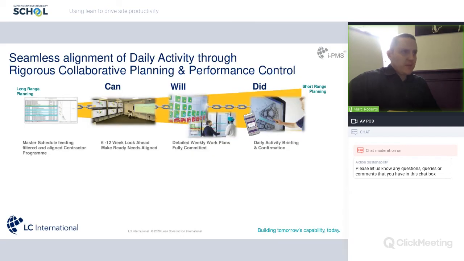So most of you on the call, I gather, will be familiar with the Last Planner System. This is the typical planning system that we see on many projects, or will be deploying on many projects. So typically we've got a master schedule or a contract program that will then be translated into a 6 or 12-week collaborative look ahead program, where we're teasing out all the make ready needs, which will then help to feed a detailed weekly work plan, which will then help guide our daily activity briefs.